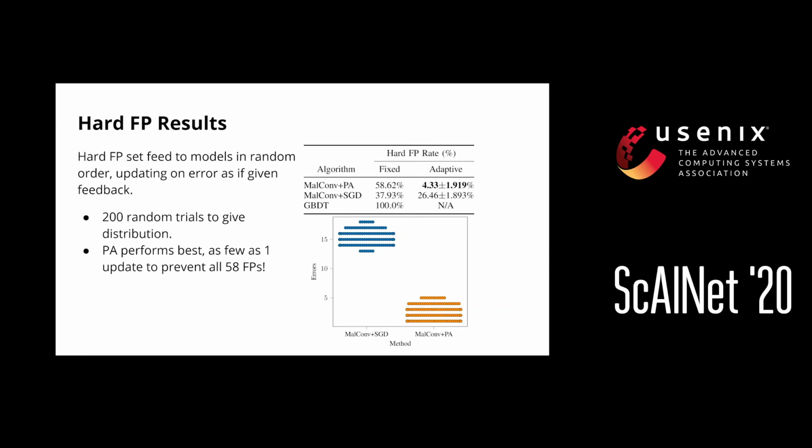In this adaptive scenario, the passive-aggressive approach gets our error rate on these hard false positives down to 4%, whereas SGD barely changes, down to 26%, and the gradient boosted decision tree can't be updated at all. Looking here, we can see that the passive-aggressive approach works, often with as few as one update. Only one false positive had to be fixed.